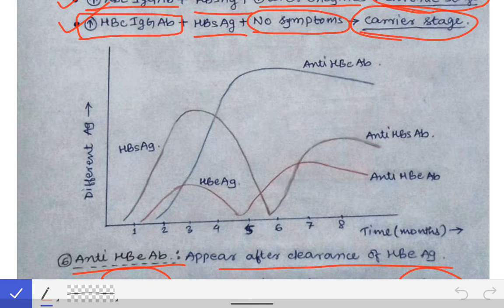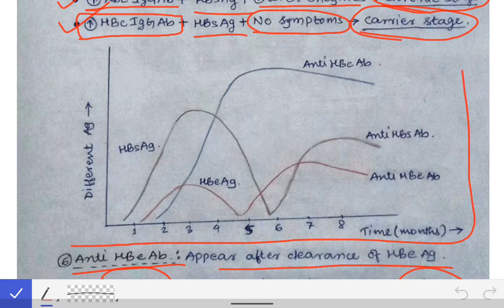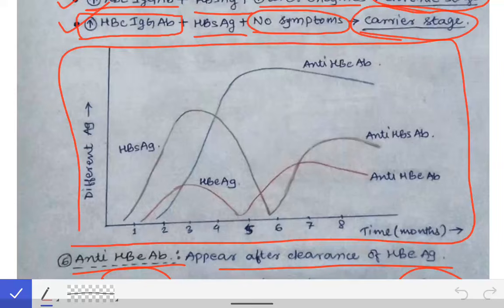So for getting good marks, you have to draw diagrams, graphs, and flow charts. Making a graph will be a very good thing for getting good marks. So let's understand the graph here.